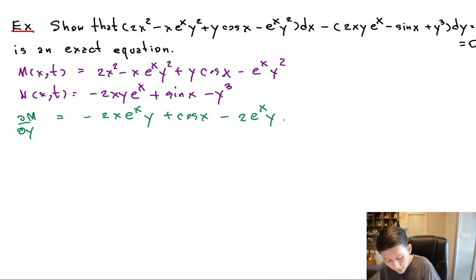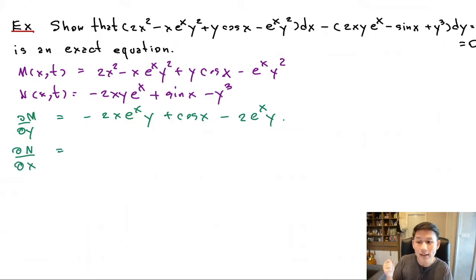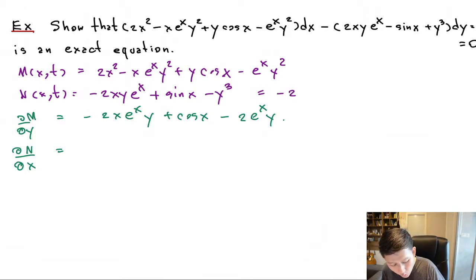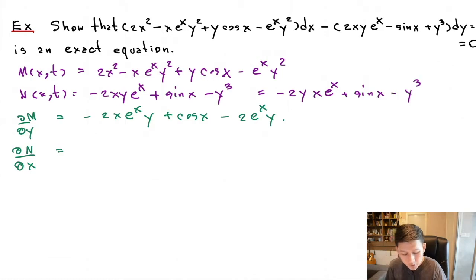And then we need to find ∂N/∂x, where you look at y as a constant. So here I'm going to rearrange it a little bit to make it easier to look at. Here it's going to be 2yx e to the x plus sin x minus y cubed.